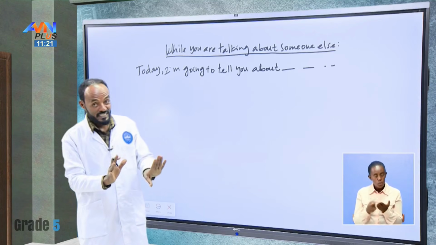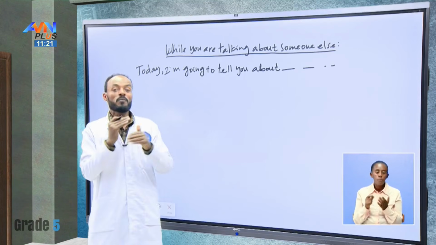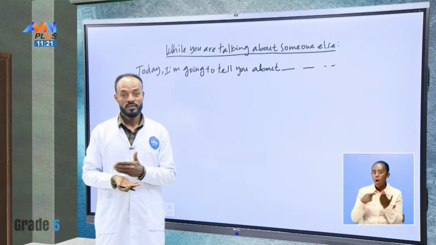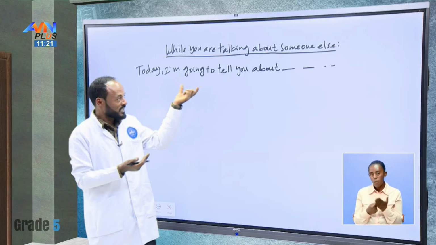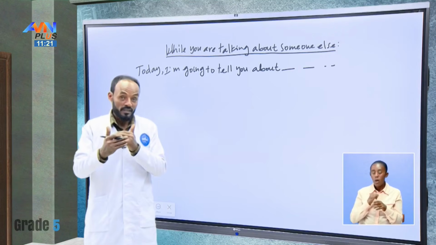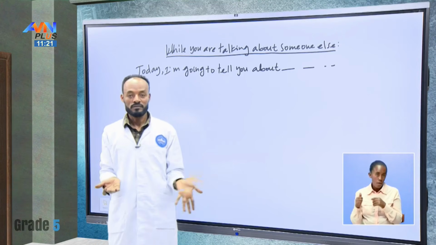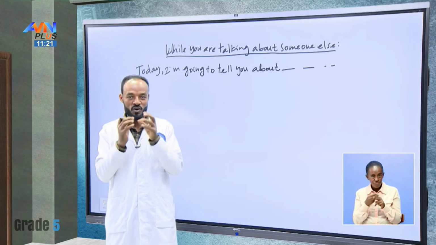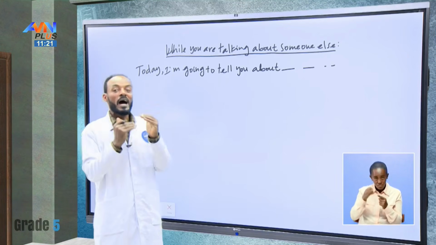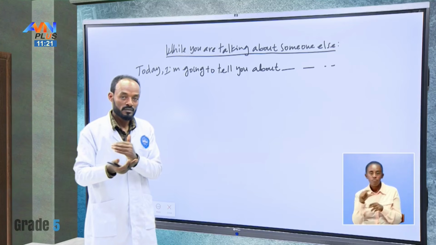If you are writing, you can say, today I'm going to write about. Okay? And if you make this one short, you can say, I'm going to tell you about. If you make it contract or short, you can say, I'm going to tell you about someone else.